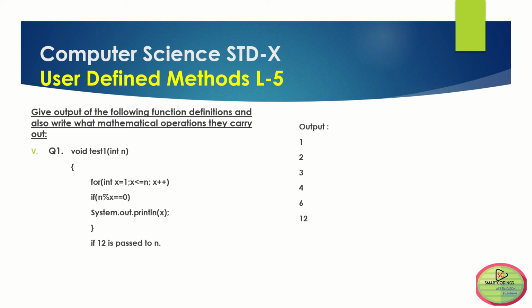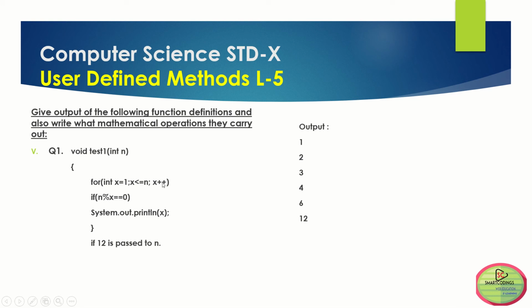Now it is 2. 12 modulus 2, yes, equal to 0. The condition is true. It will print 2. Again, 12 is divisible by 3. Again, in the next iteration, it is divisible by 4. So it will print 1, 2, 3, 4. But when from 4 it becomes 5, 12 is not divisible by 5, so the remainder is not 0. The condition is false here, so it will not print 5.